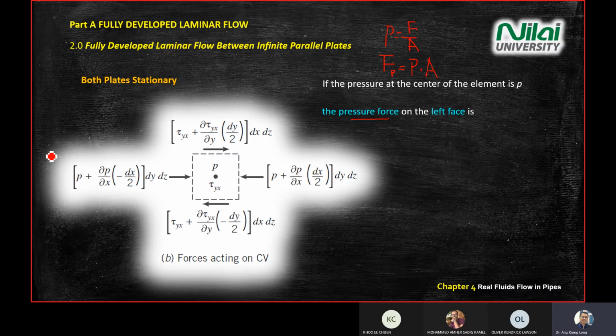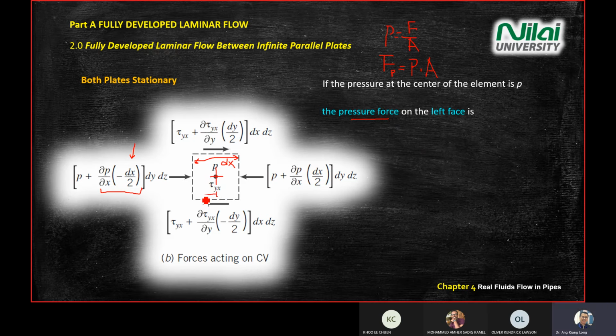All right, now let's look at this diagram. What does all this little differentiation equation mean? I will explain the negative dx divided by 2. Why is there a negative dx divided by 2? The length of the cube from here to here is dx, and there's a dot at the center of your cube here.